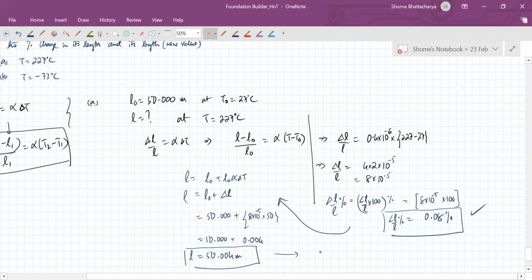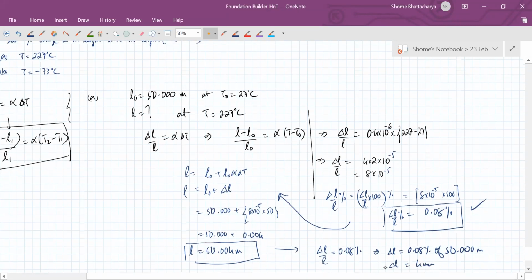Okay. So the delta L, this is 0.08%. So that means the expansion is 0.08% of 50 meters, which is 4 millimeters. So the length expands by as less as 4 millimeters.